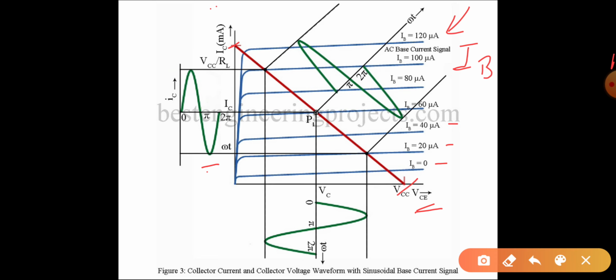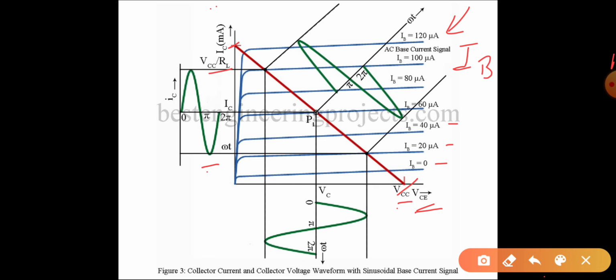So maximum VCE will be VCC and the maximum IC will be VCC by RL. So when the input base current varies, then the output collector current also varies.